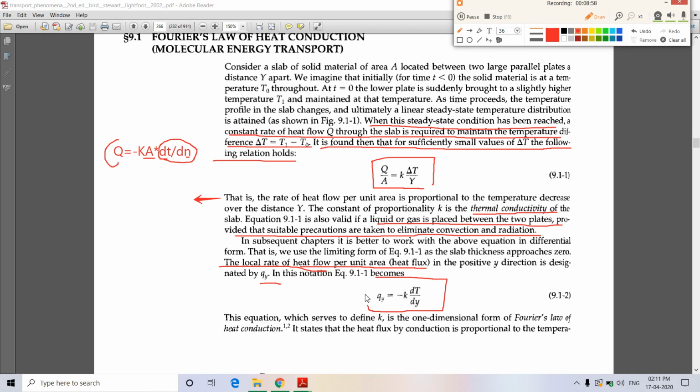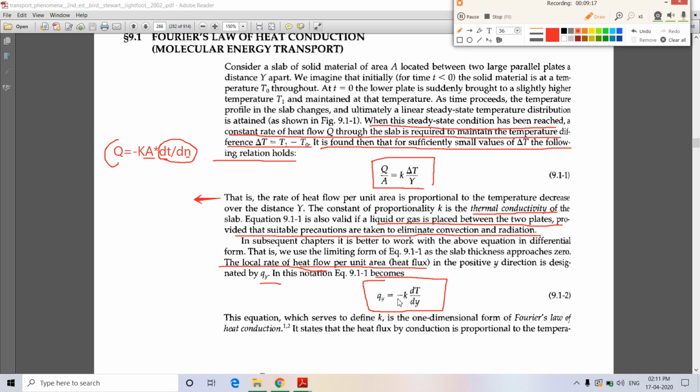Here, when we do Q by A, that means heat flux, we denote it as QY, that is minus K dT upon dY, and here similarly Y is the distance.